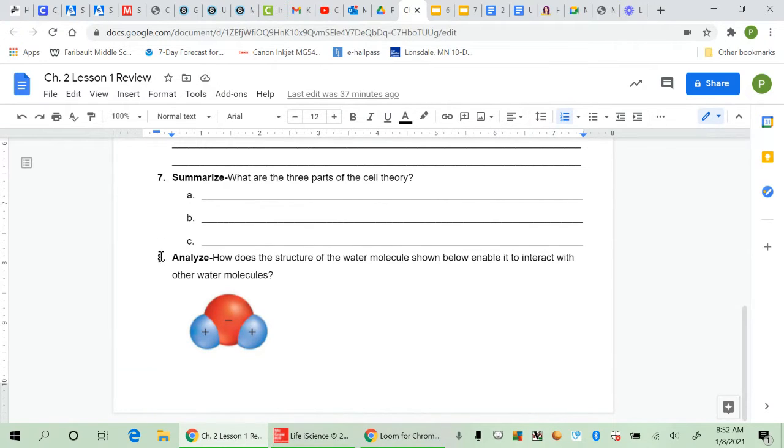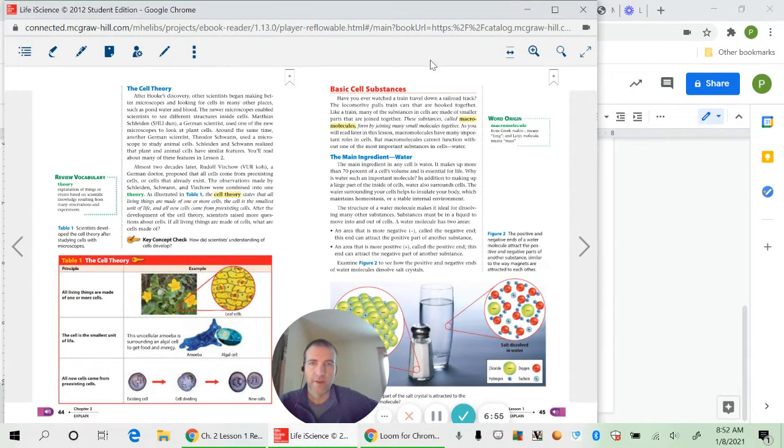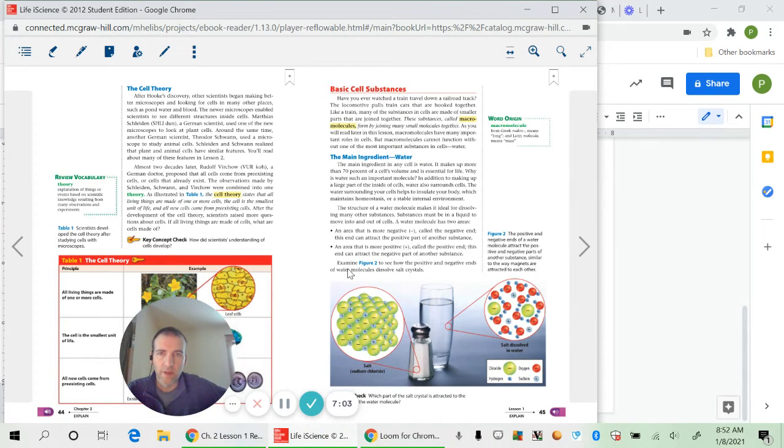Then number 8 is the last question. How does the structure of the water molecules shown below help it interact with other water molecules? If you look at, I believe it is page 45, right here, it talks about water and its important role in cells. Right here, it says examine figure 2 to see how the positive and negative ends of water molecules dissolve salt crystals.